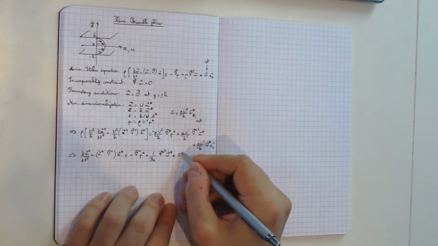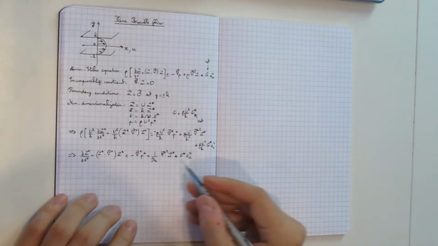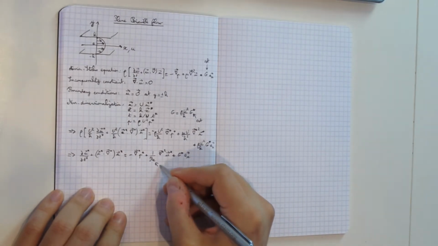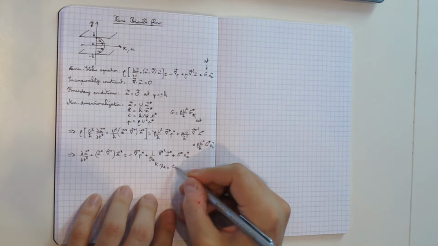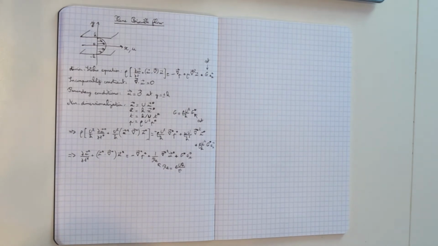So I'm just getting g star ex. Okay, and by writing this I have introduced the Reynolds number, which is rho u h over mu. Okay, so this is my Reynolds number.